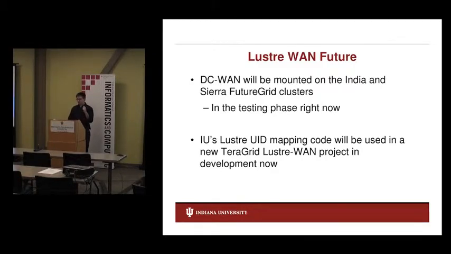The DC-WAN project has been pretty successful. Don't ask me, ask the TeraGrid, because there's a new project in development that's using the UID mapping Lustre code that we developed here at IU for a TeraGrid-wide Lustre project.